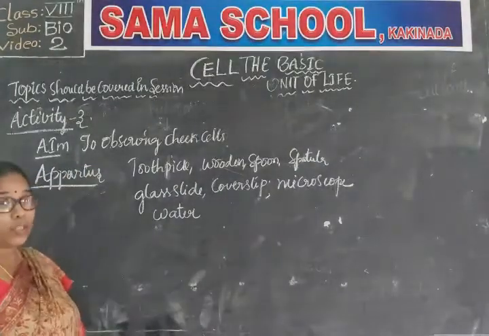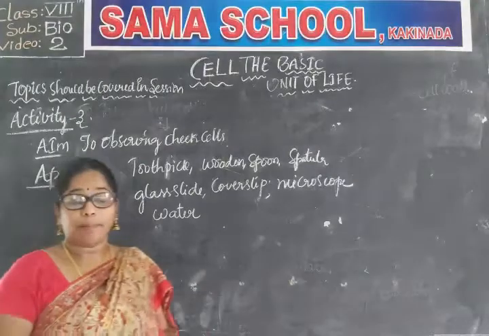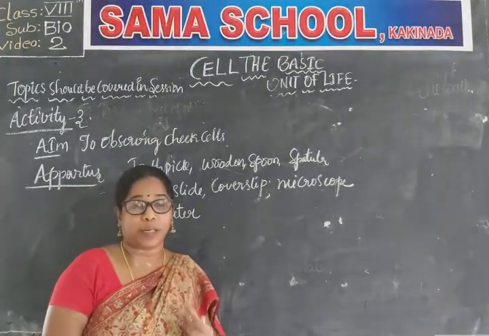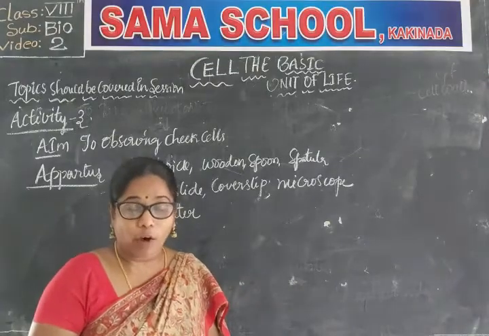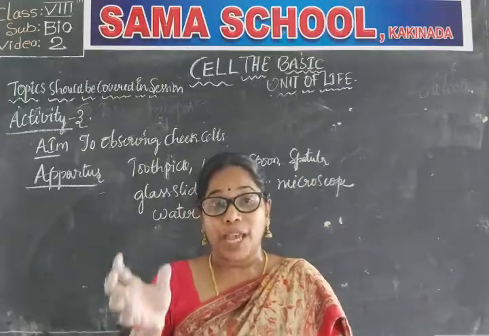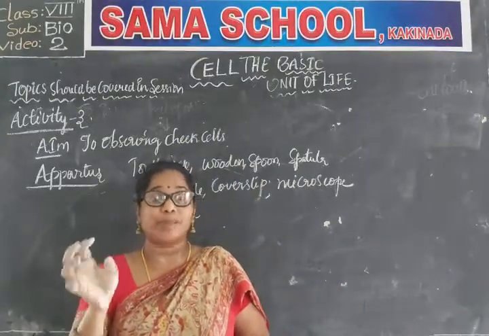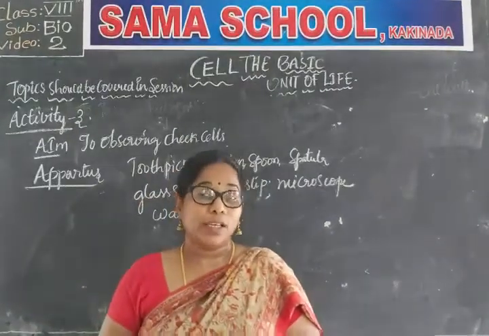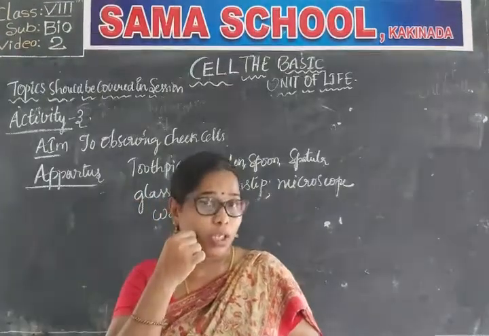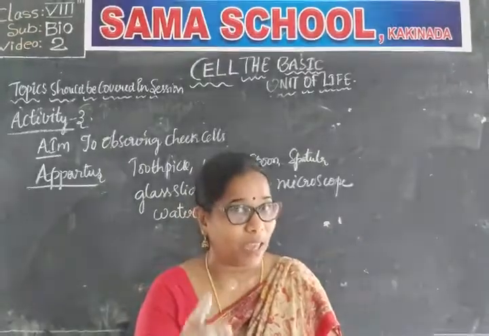When you see this activity, some care we have to take while doing this experiment. Why? Because like onion peel, if we break it, we can get a translucent layer. But here we are collecting the cells from the cheek. So while you are collecting the cells from your cheek, you have to be very careful.